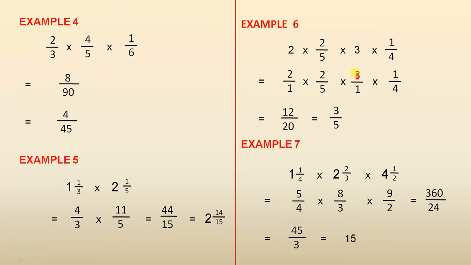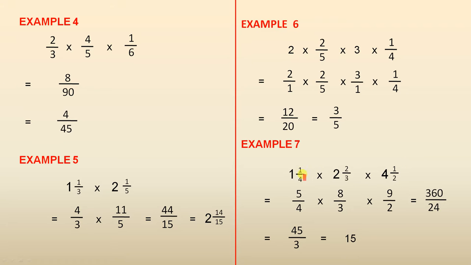Twice 2 are 4, 4 3s are 12, 12 1s are 12. 1 times 5 is 5, 5 1s are 5, 5 4s are 20, so you have 12 over 20. If you divide numerator and denominator by 4, 12 divided by 4 gives you 3, 20 divided by 4 gives you 5, so the answer is 3 over 5.